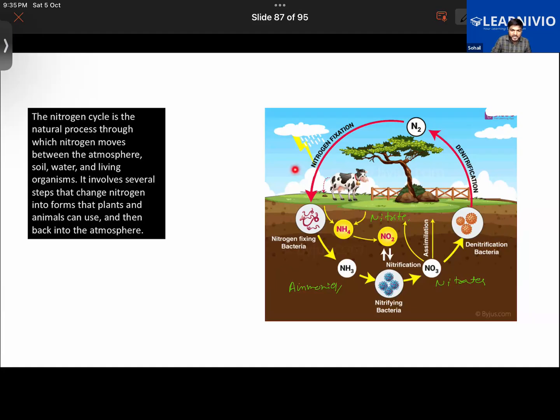While their body is decaying, ammonium is released. Further, ammonium also gets converted into nitrite.